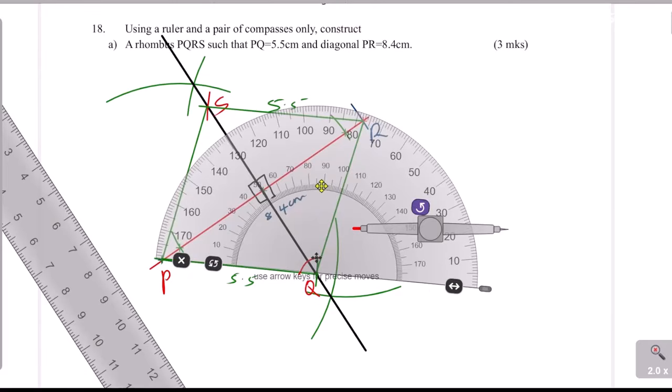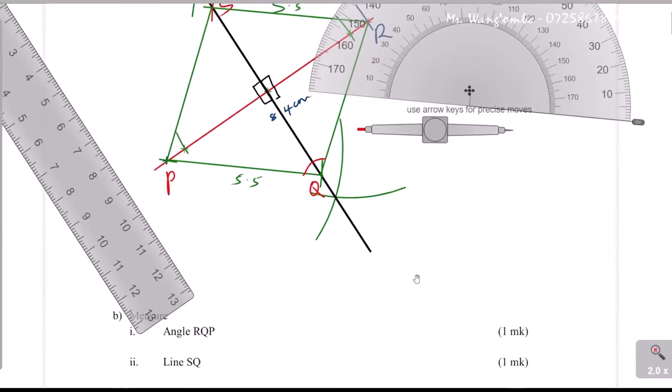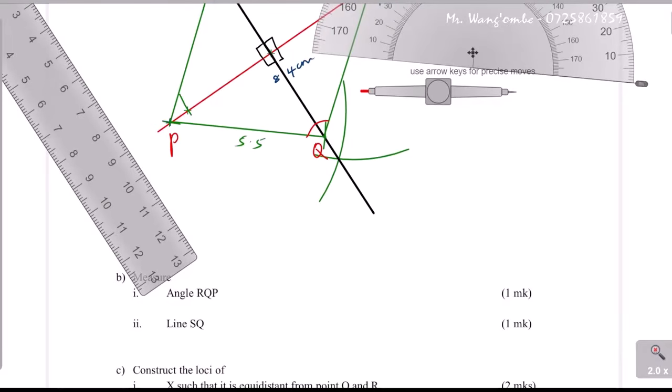And that angle is 102. So we might get slightly different answers with the tools that I'm using. So don't worry when you find a very slight difference with mine. There's always a slight allowance that is given. So mine is 102 degrees.